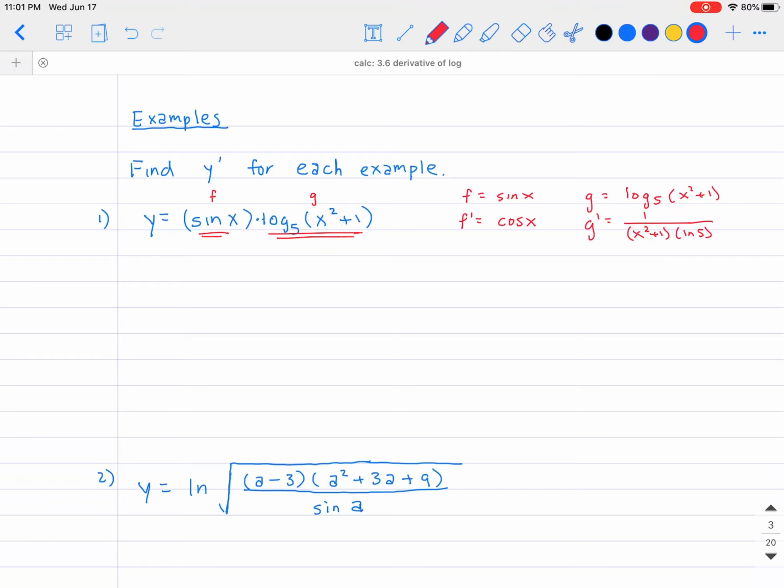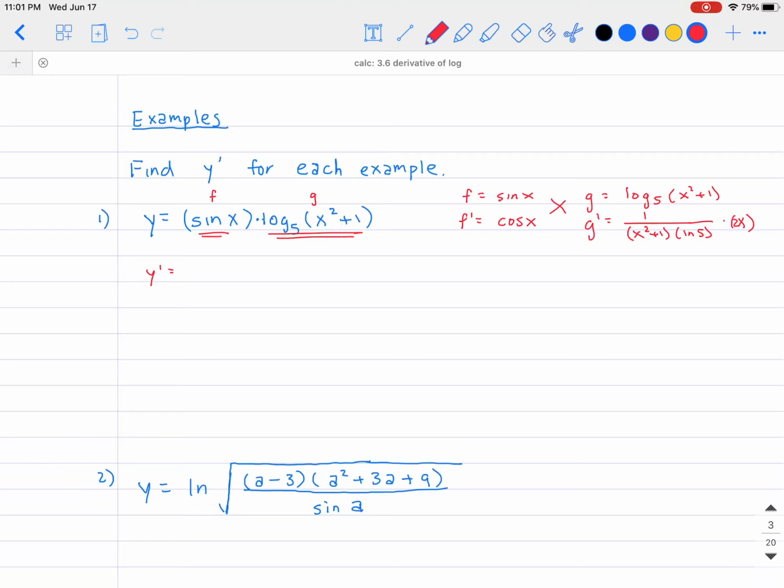And remember that there is an inner function of x squared plus 1, so there is a chain rule, and we multiply by 2x, because that's the derivative of x squared plus 1. So there it is. I've set up the things that we need for the product rule. And if you remember the product rule, y prime is supposed to be the following.